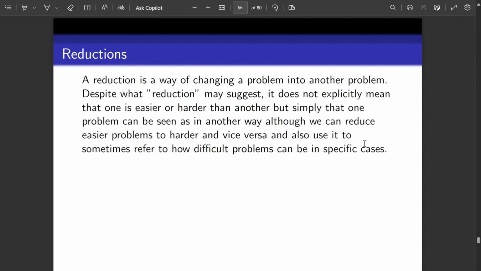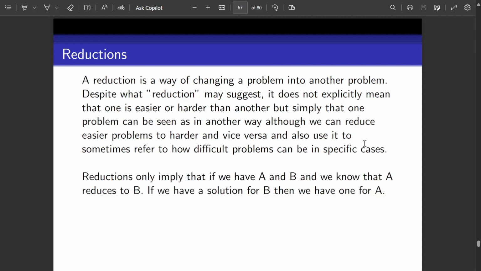And despite what reduction may suggest, it doesn't explicitly mean that one is necessarily easier or harder than the other, but simply that one problem can be seen as another. Although we will reduce easier problems to harder problems and vice versa, and use it to sometimes refer to how difficult problems can be in very specific cases.